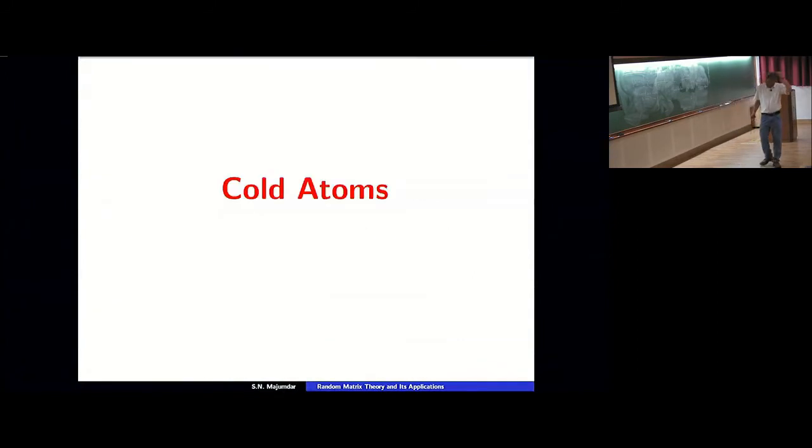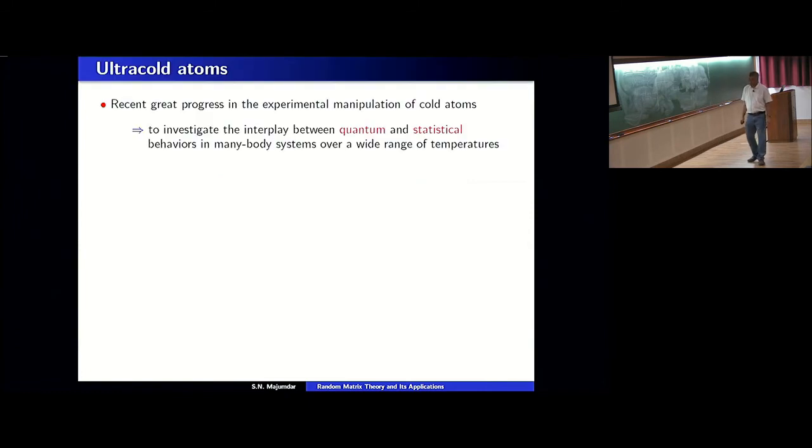So cold atoms. What are cold atoms? All of you have heard about cold atom systems. This is a very hot area in physics these days, due to experimental physics. As you know, there is a great experimental advance in cold atom systems.